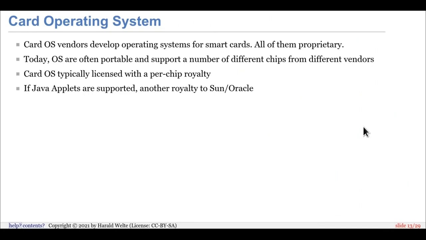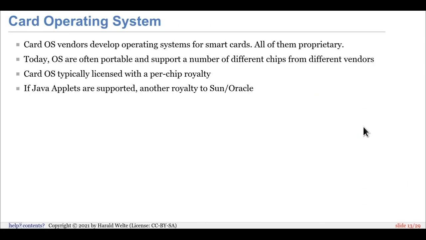All of them that I know of are proprietary. There's no open source in this domain. There are some very small exceptions. I think there's an OpenPGP smart card implementation that's open source out there, but beyond that, I'm not aware of any usable open source in this domain.